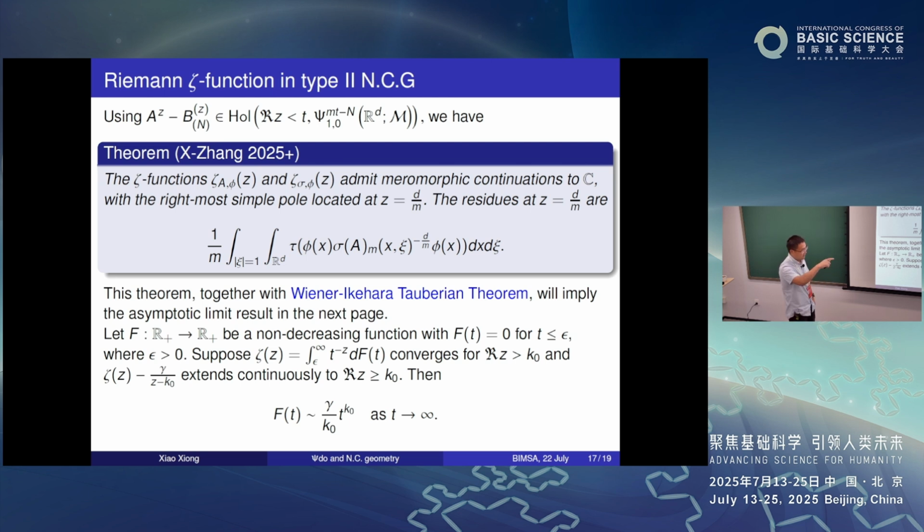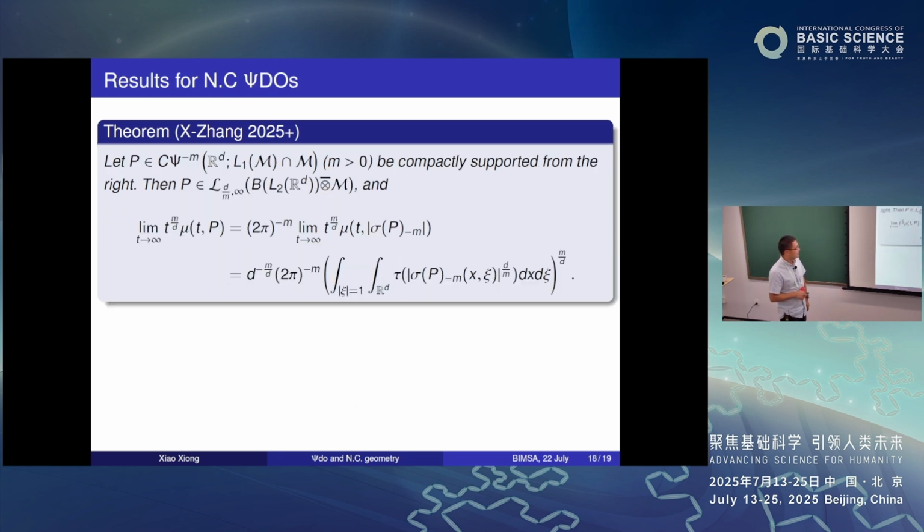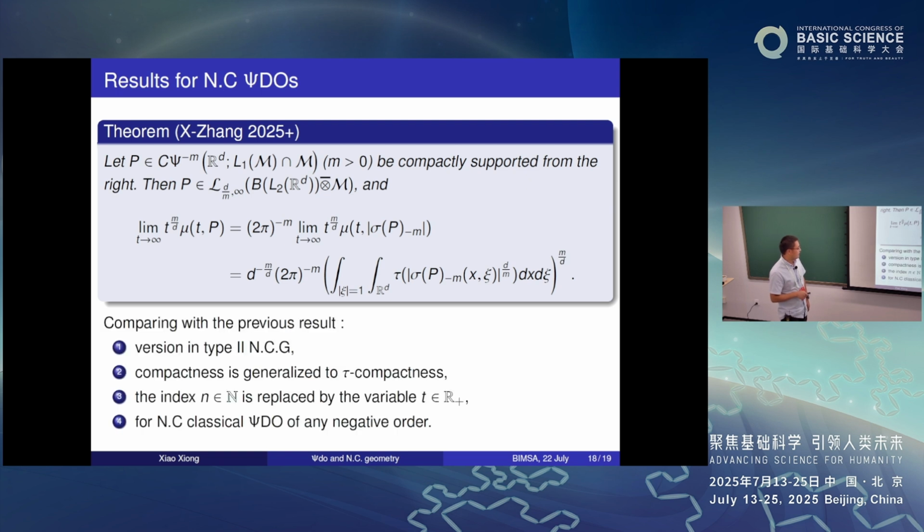So in order to get the result on the next page, we just need to take this capital F as the spectral projection of the function of this part. Yeah, I think this is my final result in this talk.